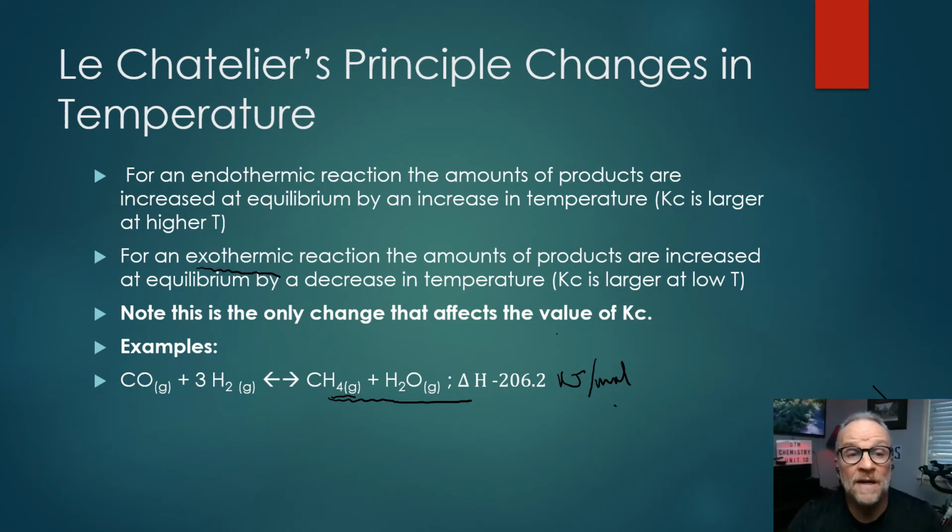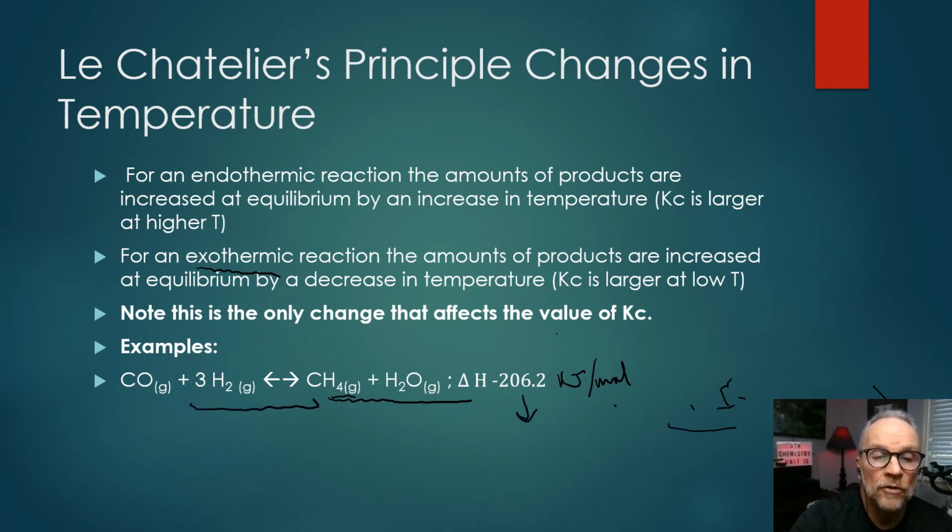And so it says here, for an exothermic reaction, the amount of products is increased at equilibrium by a decrease in temperature. So if you decrease the temperature here, it's going to shift toward the heat that's being lost. So in an exothermic reaction, if you decrease the heat, the reaction is going to shift towards the product side to replace the energy that is lost.